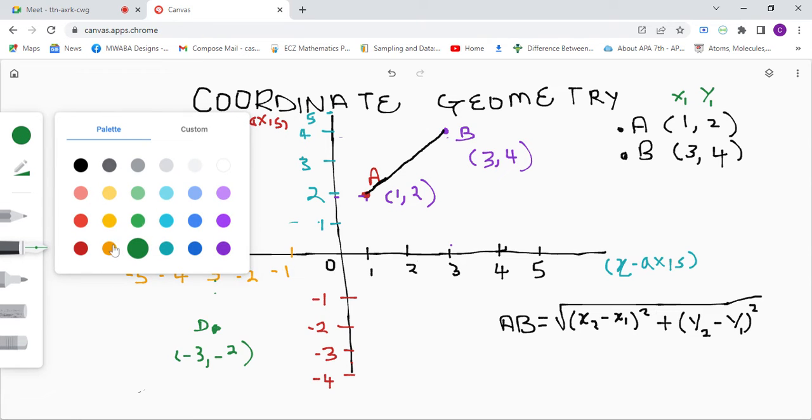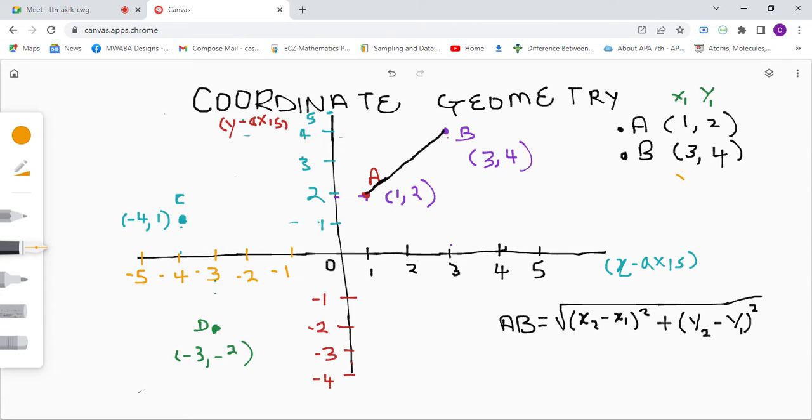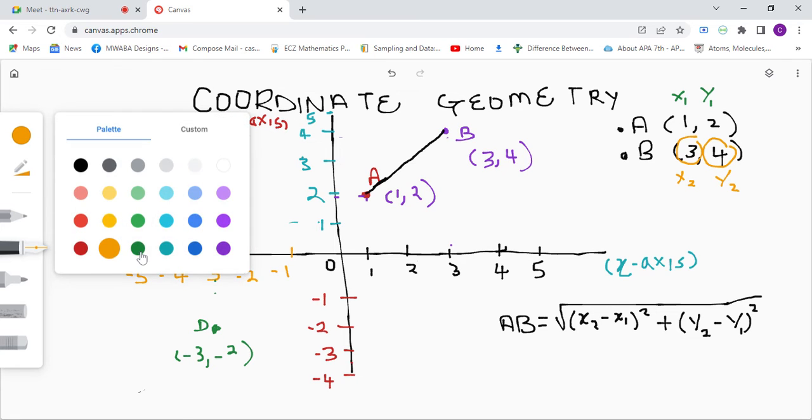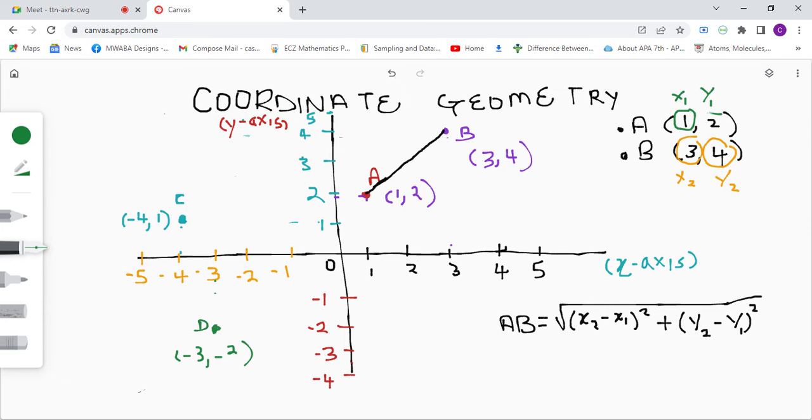And then our x2 is this 3, point B, and our y2 is this 4 here.